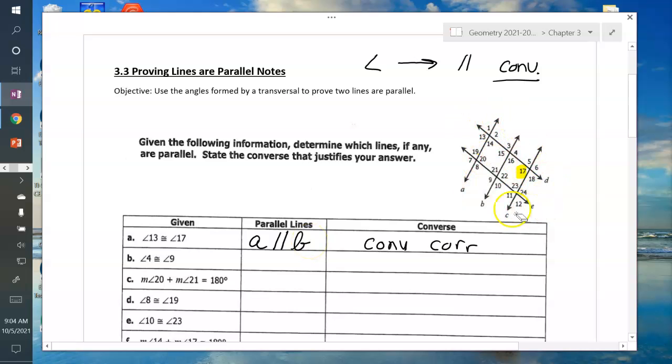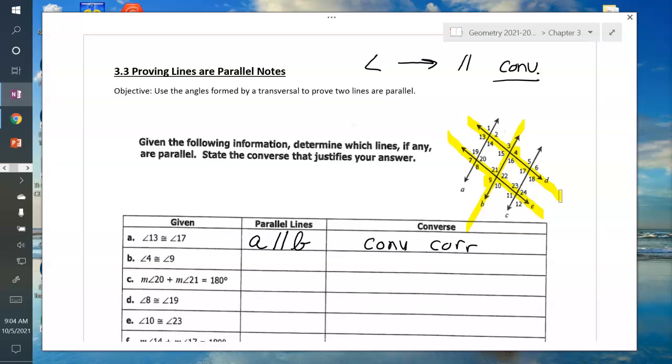Now let's take a look at angles 4 and 9. So angle 4 is right here. Angle 9 is over here. So here's your transversal. There's your parallel lines. 4 and 9. They're on opposite sides of our transversal and they're both exterior.